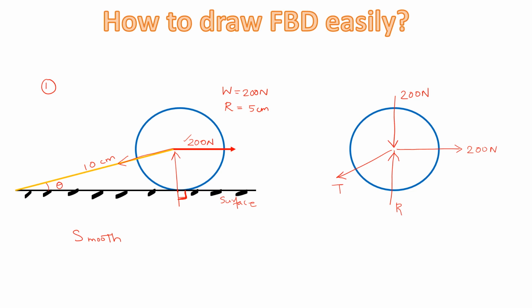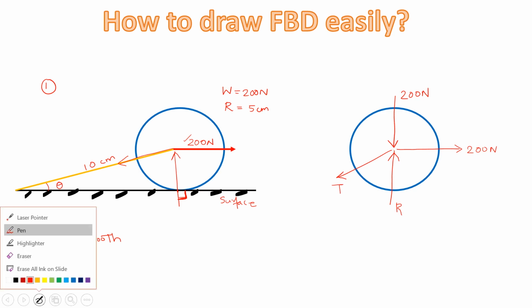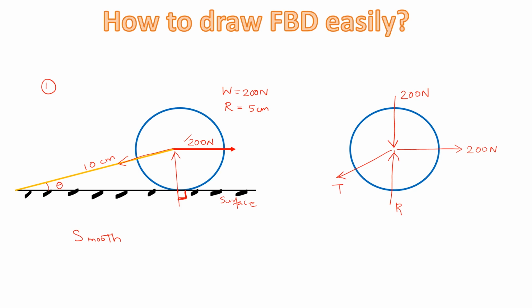This problem can be solved by the resolving technique, only if we know at how much angle the tensile force T is acting, because T is the only force which is acting in an inclined direction. If you draw the x and y axes, this is the x axis and this is the y axis.